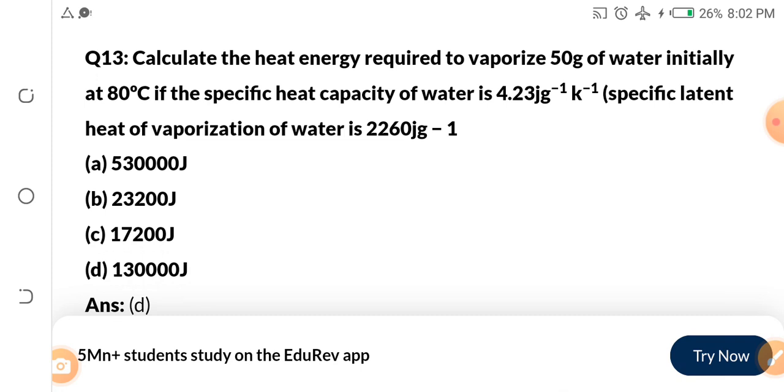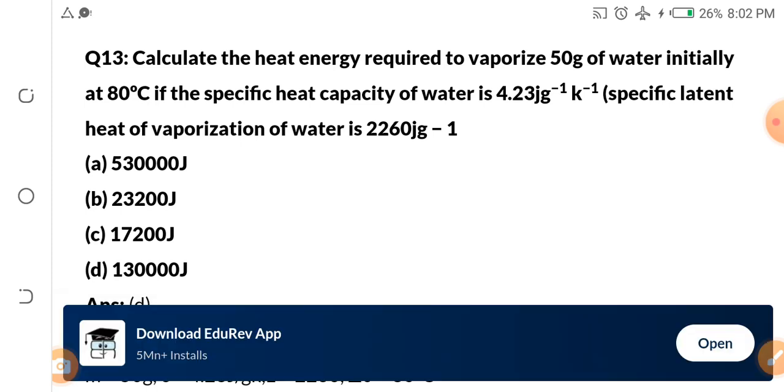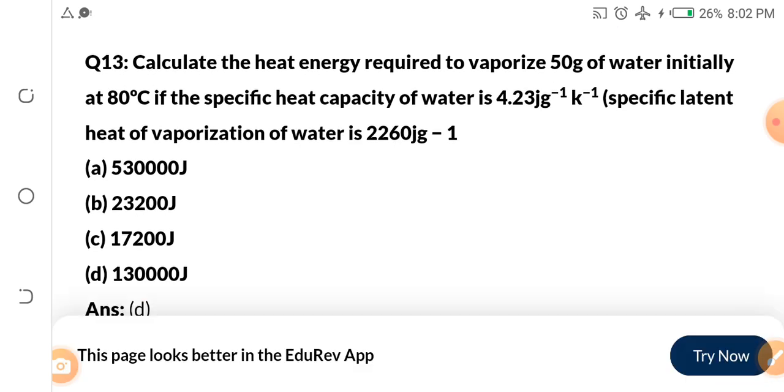Calculate the heat energy required to vaporize 50 grams of water initially at 80 degrees centigrade if the specific heat capacity of water is 4.23 and the specific latent heat of vaporization of water is 22,260 joules.